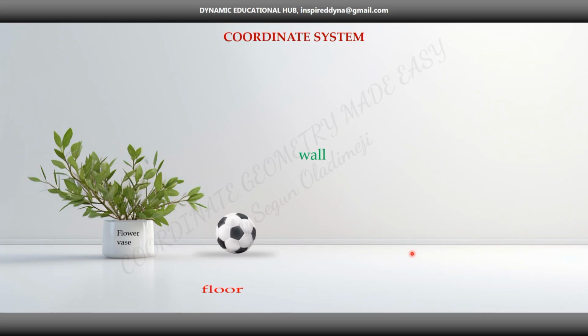Now let's have a ball in this room. You want to give the position of this ball. You want to tell someone, or you want to tell someone to bring you this ball. When you want to describe the position of this ball, you can use the wall. Using the wall, you tell that person that the ball is at the front of the wall.